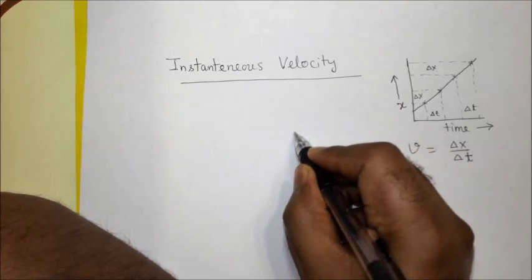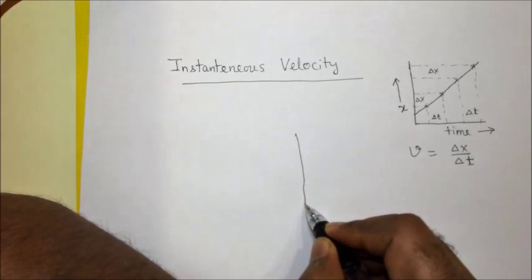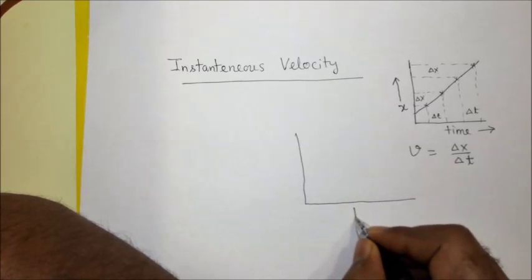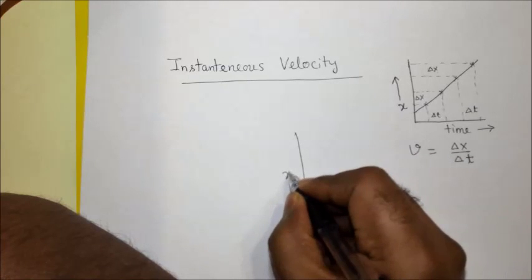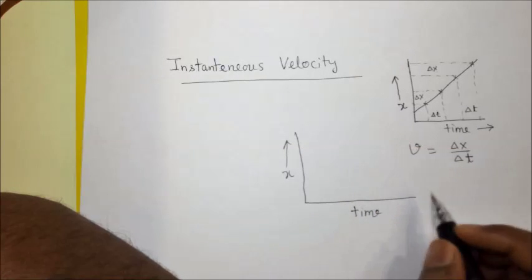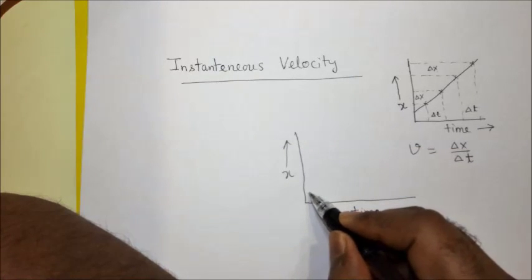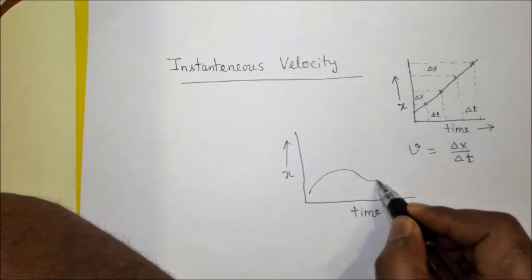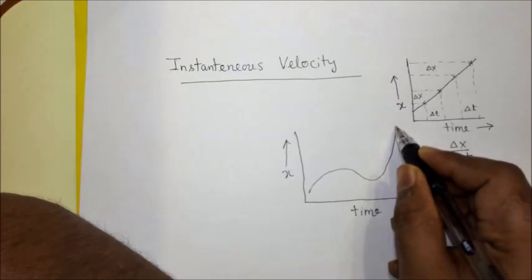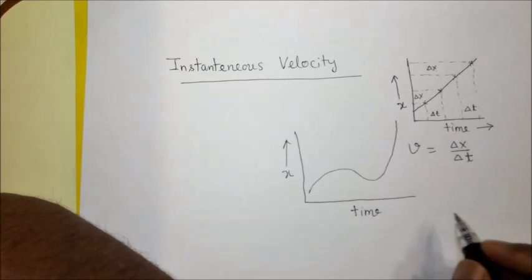Now let's take another example where this graph is not a straight line. Suppose this is time, this is position, and if your graph is something like this, what does it mean?